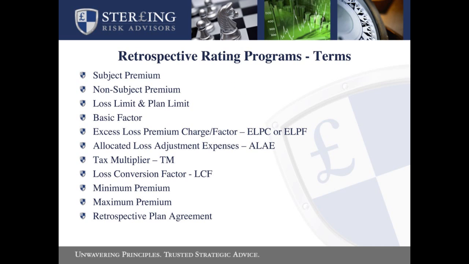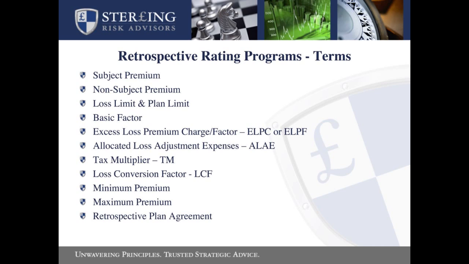A retrospective rated program, these are pretty much the terms that you'd see if you received a proposal for a retrospective rating program. The subject premium is the premium that is subject to the retrospective rating agreement. Non-subject is not. You can generally limit the amount of your losses that go into the calculation, and I'm going to show you that.